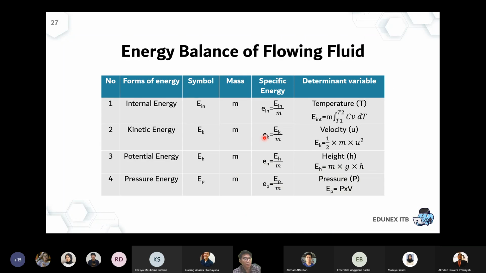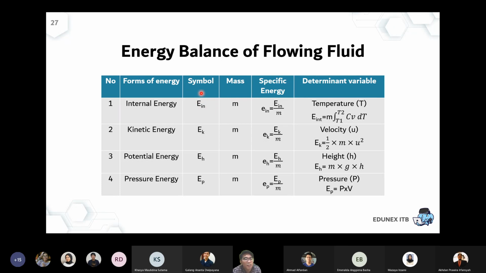Oke. So basically we have 4 forms of energy, when fluid is flowing throughout the pipeline. So first we call it internal energy. Yeah, internal energy. The symbol in this lecture will be En. Then what is the unit of energy?